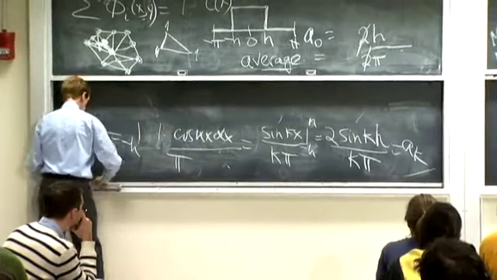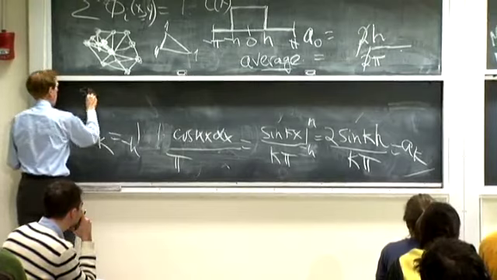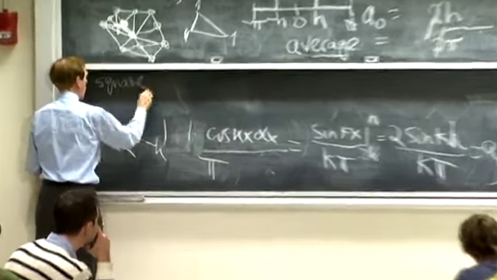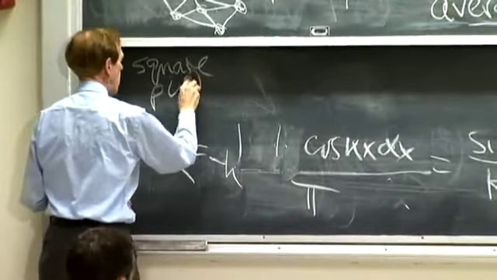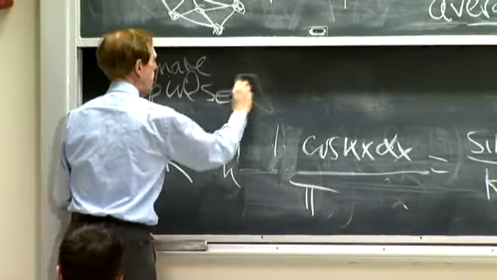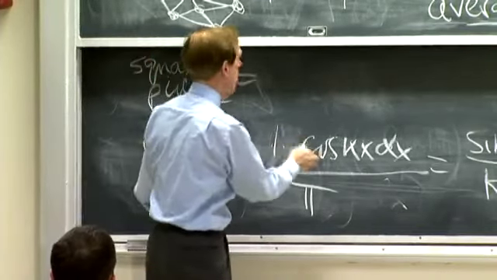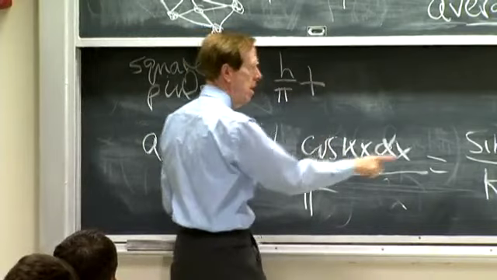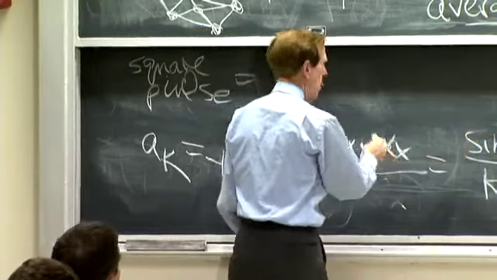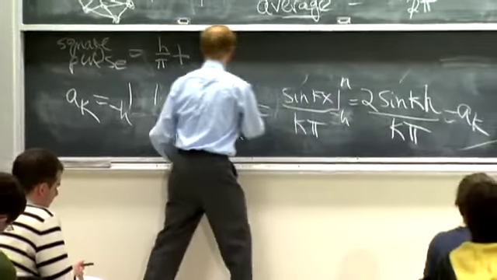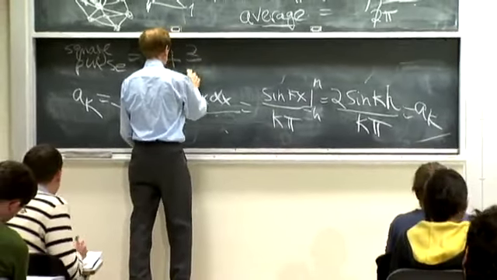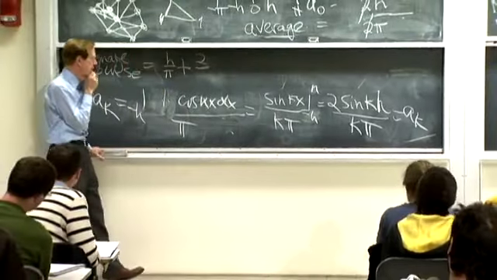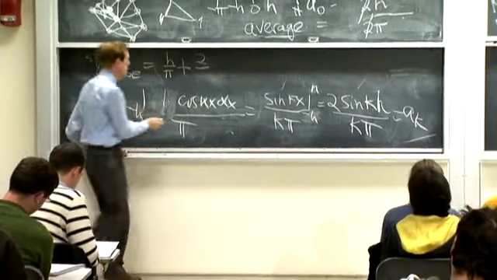So now I'm saying that this square pulse is the constant term, h over pi, plus the next term, A1. Well, let's see, all these terms have 2 over pi. Yeah, I guess that's right.